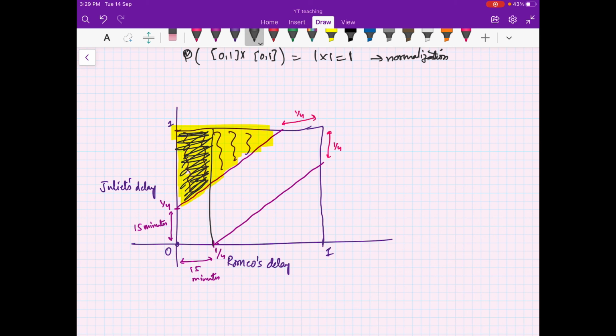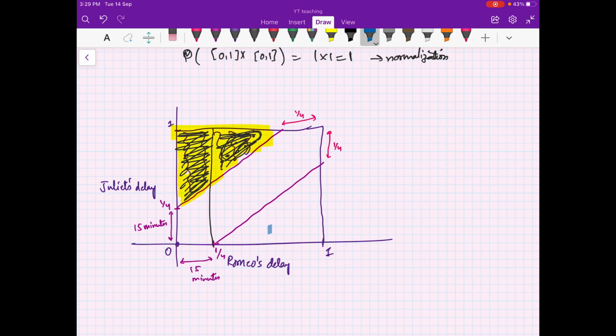Okay, now look at these points. Here the delay of Juliet is more than 1 by 4 for sure, and for Romeo also the delay is more than 1 by 4, but their distance is more than 15 minutes. So here also they will not meet.